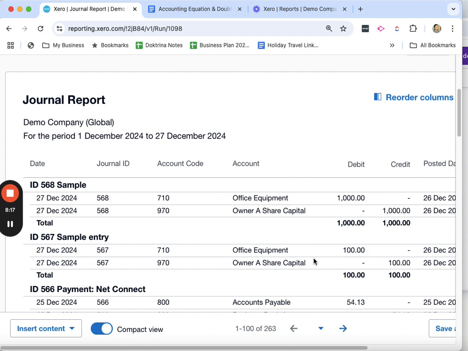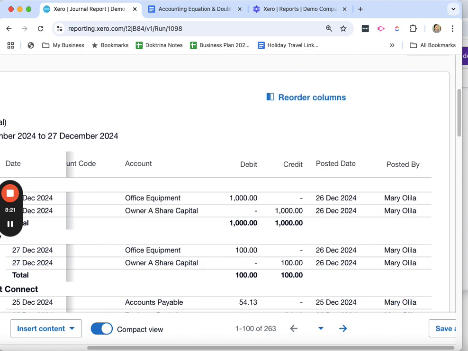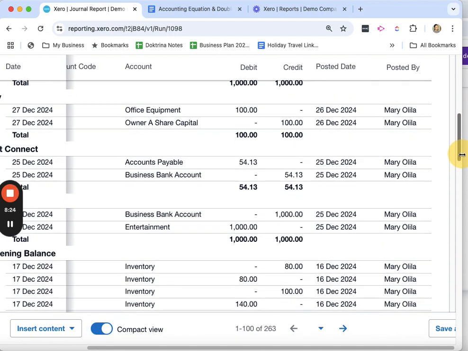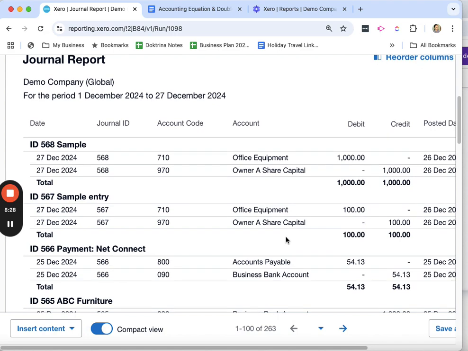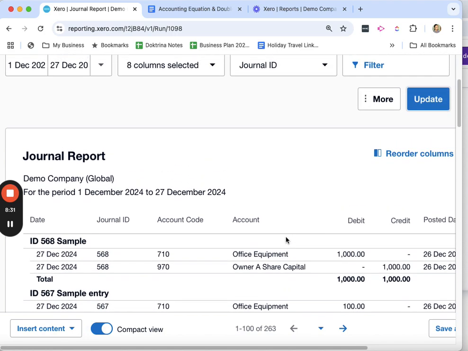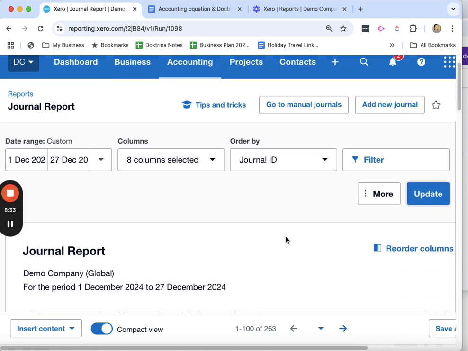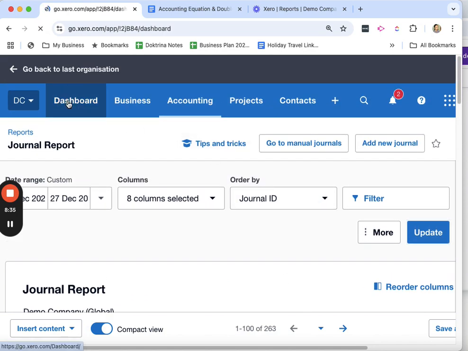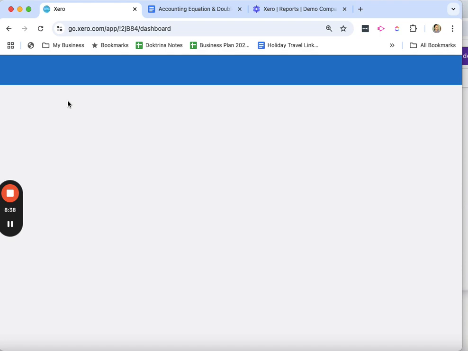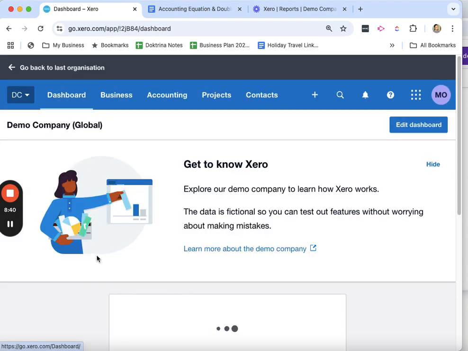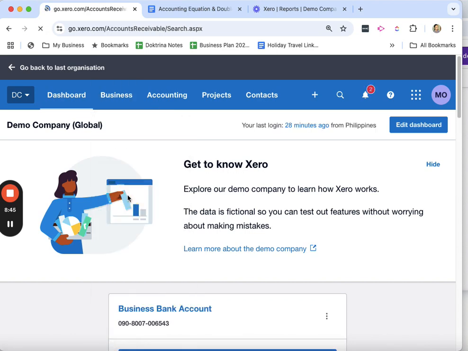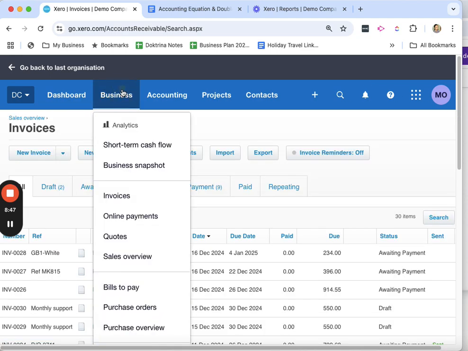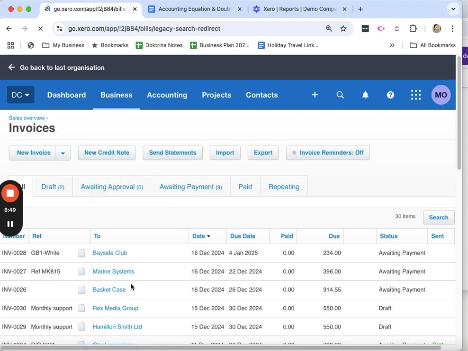See that? Office equipment, 1,000. Owner share capital, 1,000. And all the other entries are from the journal. But in an accounting application, this is done at the background because we also have the bank reconciliation here, and we also have the sales invoices for your income, and we also have the bills for your expenses.